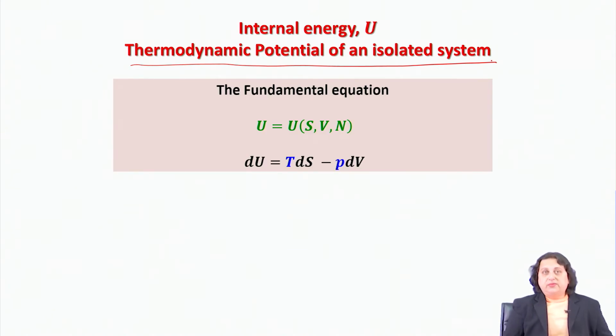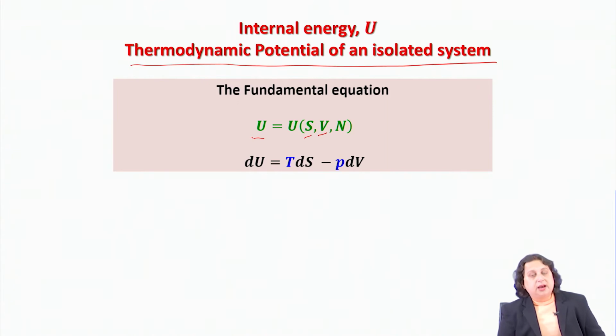The fundamental equation here is that a given isolated system at equilibrium is characterized by a given value of entropy, volume and number of particles, and therefore I can say that these are the two variables x1 and x2, and U is going to be a function of S and V. Since I have an isolated system, dN is equal to 0.